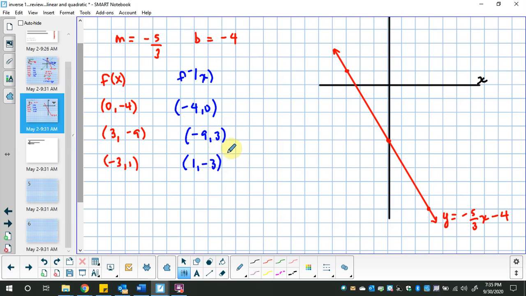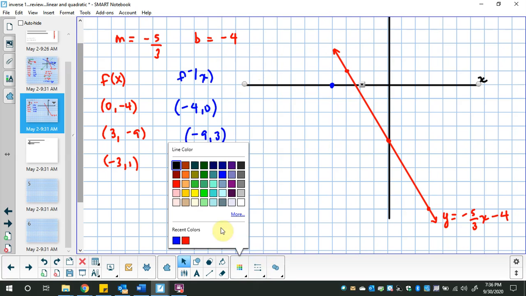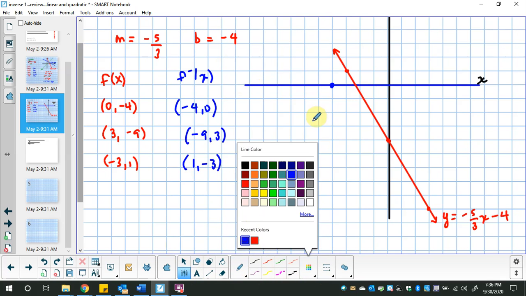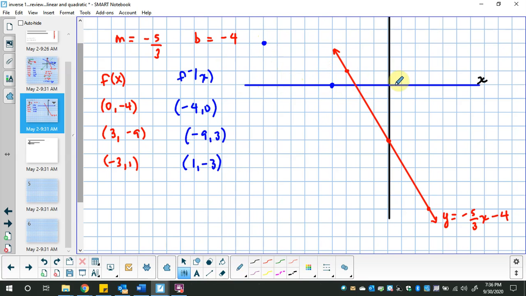So now I'm going to try to put them on here. So 1, 2, 3, negative 4, 0. Negative 4, negative 5, negative 6, negative 7, negative 8, negative 9, 1, 2, 3. And then 1 over 1, 2, 3 this way.